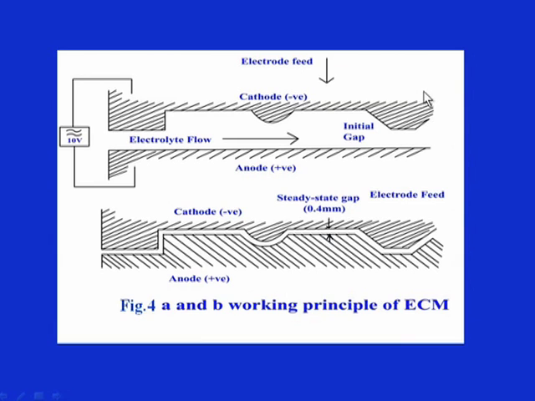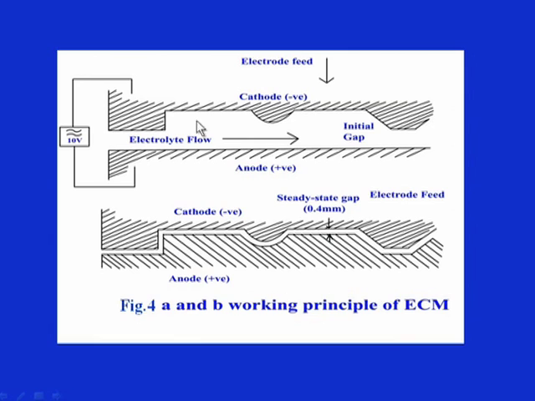That means the geometry of the tool that we can use has no constraint. It can be of any shape as per the requirement of the workpiece, and therefore the same shape will be replicated on the workpiece also, as we can see on the screen. So, this is the shape of the workpiece now after machining, and we can see the gap also.